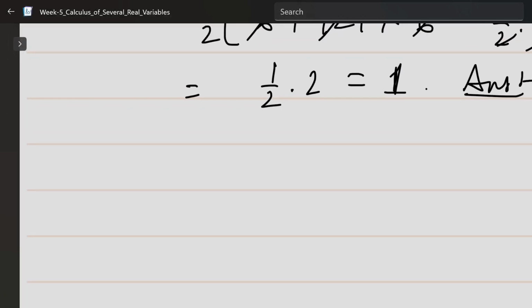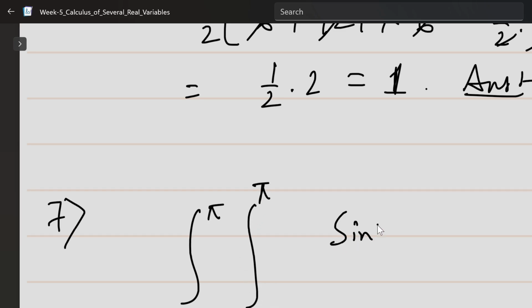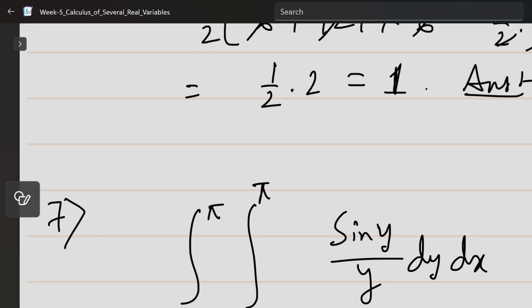So question number 7 is integral x is from 0 to pi and y is from x to pi, sin y by y. You cannot do this integration directly, not possible. So you have to do change of order of integration.